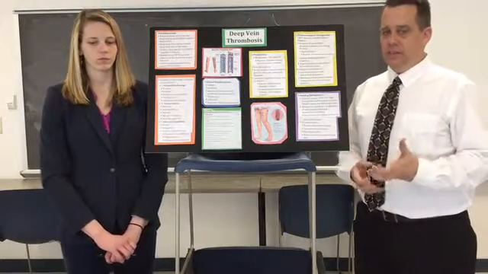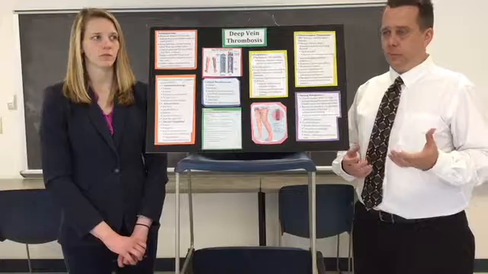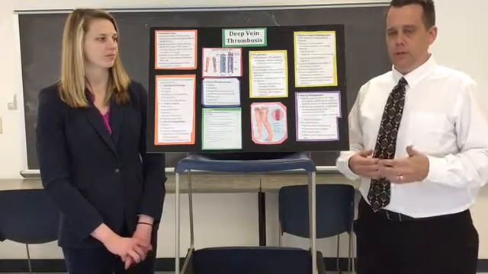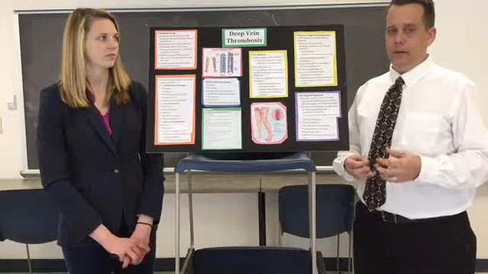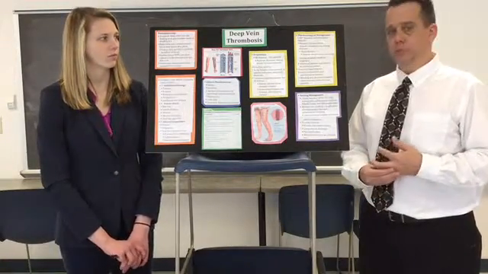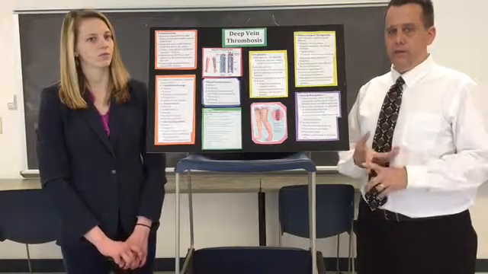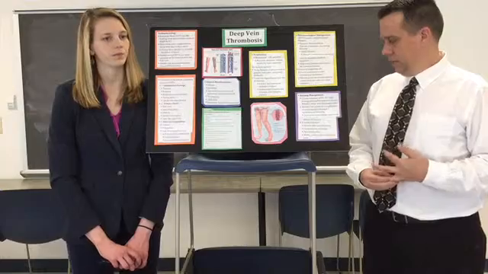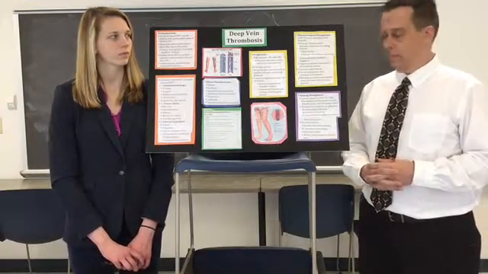So if a DVT does actually exist, the patient's probably not just going to be on heparin, but they're also going to be on some sort of thrombolytic regimen to try to break down the clots that already exist. So between those two, we definitely need to keep a close eye on all of their clotting factors, the PTT-INR, those types of things, as well as their hemoglobin and hematocrit levels.